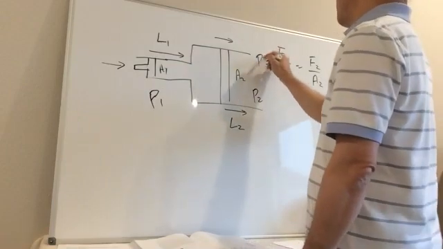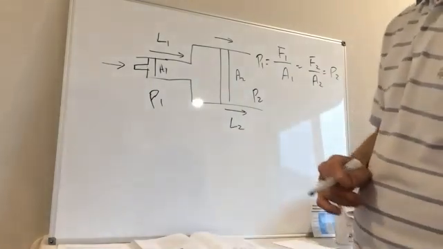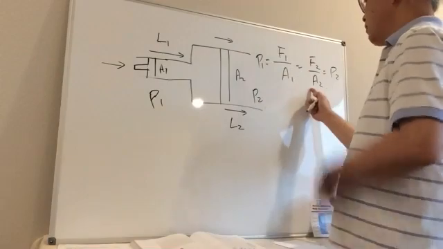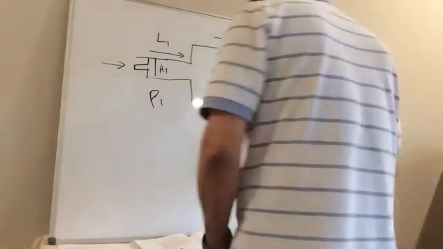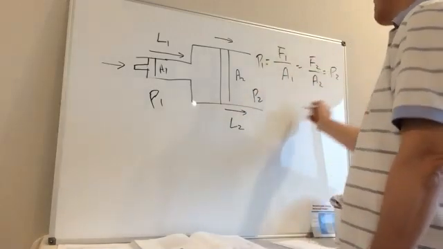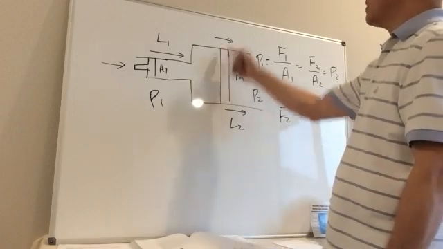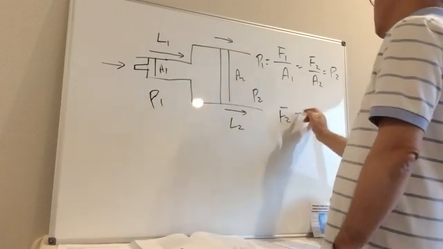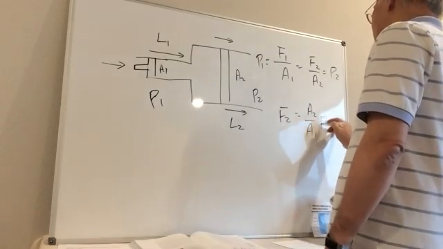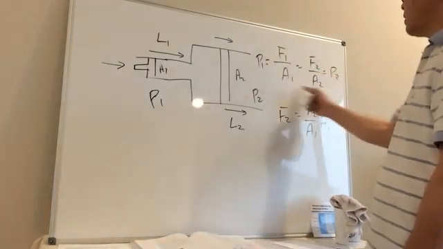Because pressure is force divided by the area, right? So we have force divided by area, force divided by area. We're going to be able to say from here that the force felt over here on this piston is going to be equal to A2 over A1 times F1. Just using this relationship here.